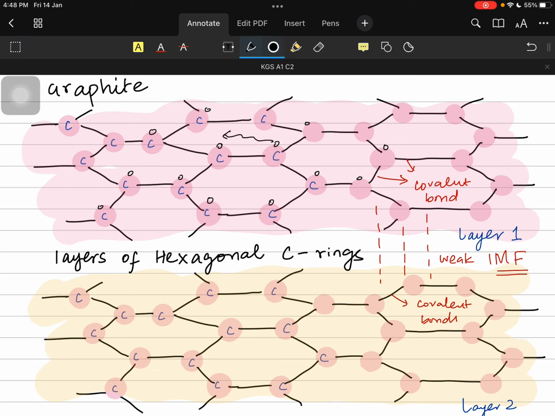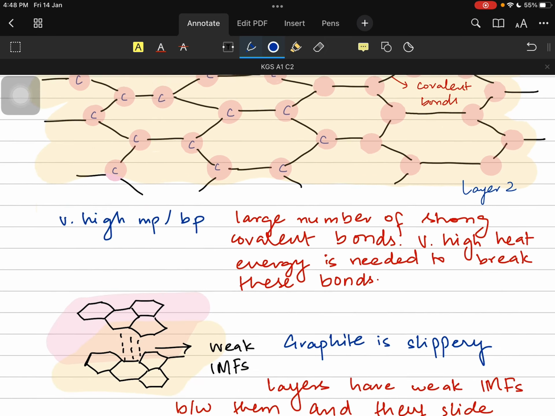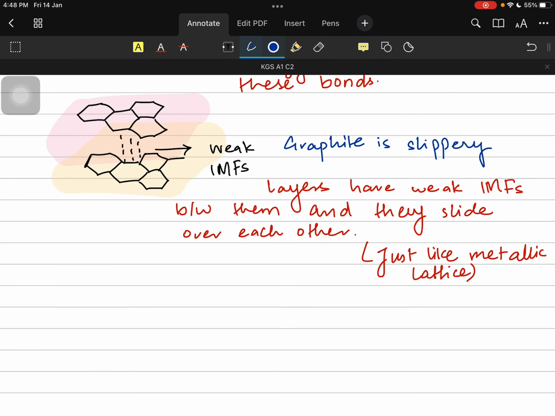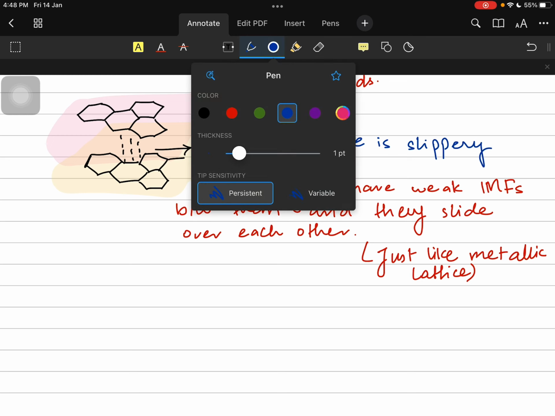They can flow. So these are the mobile electrons. Each carbon atom makes only 3 covalent bonds, and that is why the 4th unbonded electron can be used to conduct electricity.